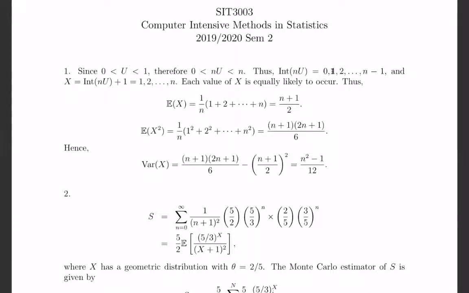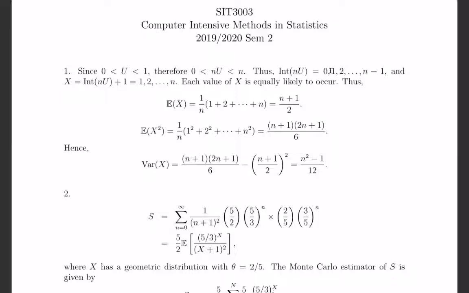So from here, you just add 1 to all these values, right? And each of these values is equally likely to occur, because it's a uniform random variable, so whichever integer you get is equally likely.